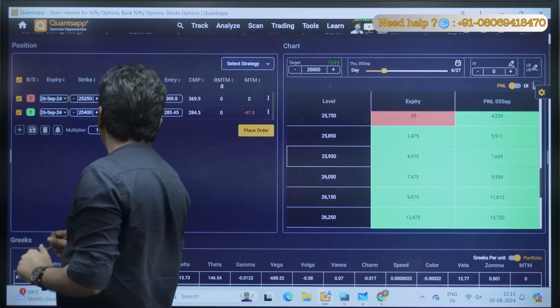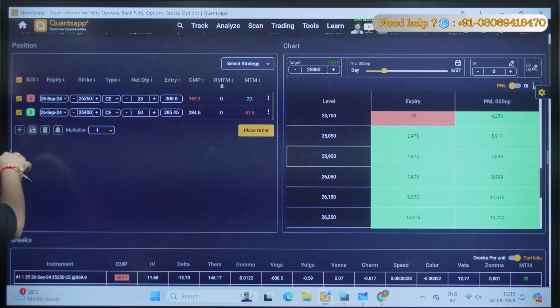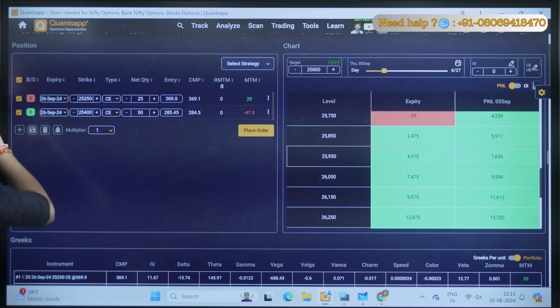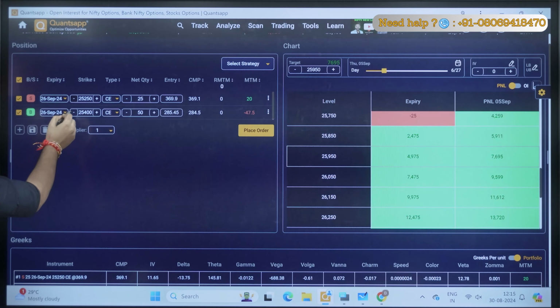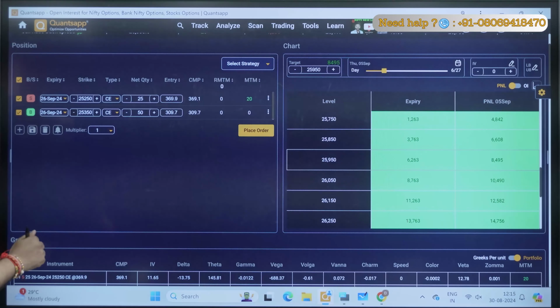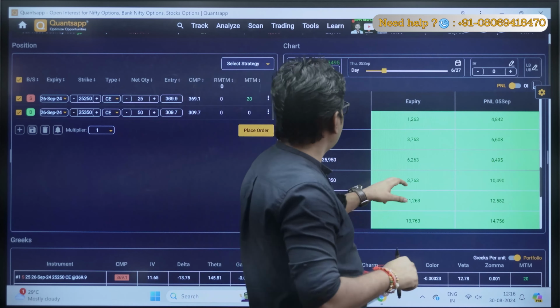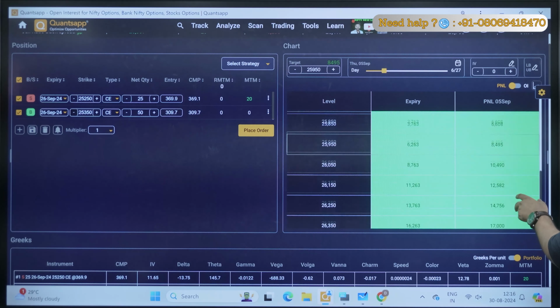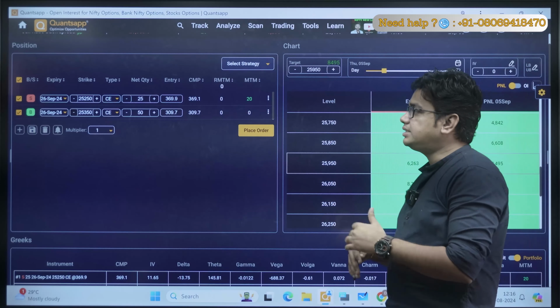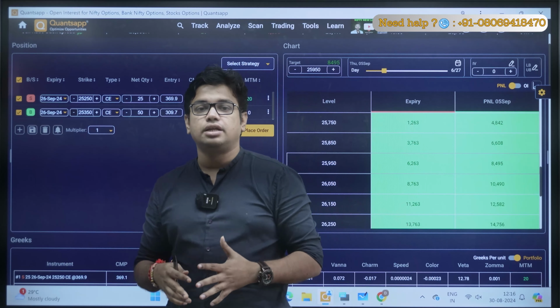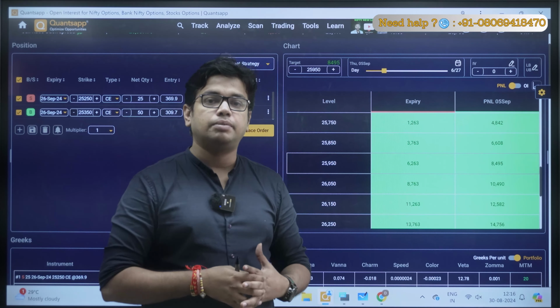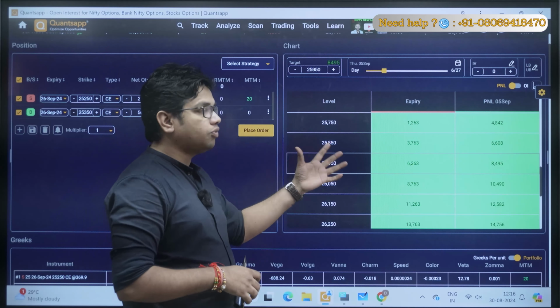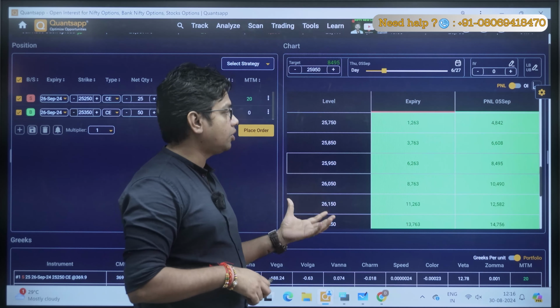Here you can see I have bought one call option of the OTM, so just make it slightly ATM level. Now I can see the profit. So by changing the strike or by changing the lot size, you can increase your profitability, you can increase your reward to risk ratio.